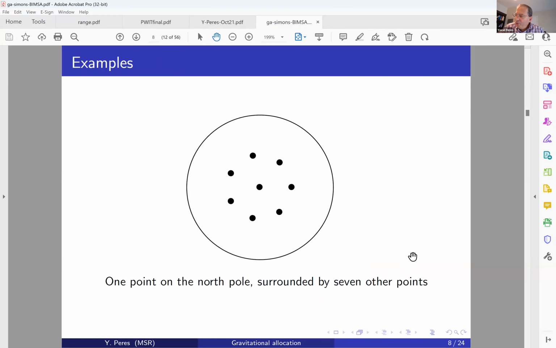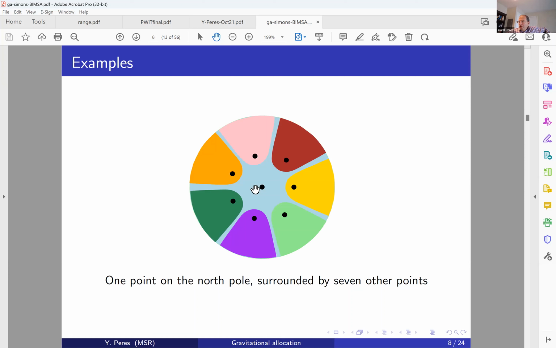One might wonder, how do you get equal area? This is true for any configuration, not just for a random configuration. Here is an example of points that seem bunched together. It seems unlikely at first that the center here will get the same area as the other points, but when you analyze this, you see that it does.